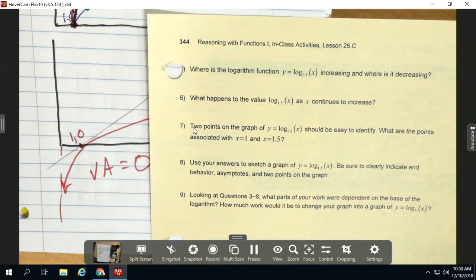So, as you keep going forward along the graph, what keeps happening to the x? It keeps on increasing. So as time gets bigger, the population will get bigger. As the population gets bigger, the time must also be getting bigger, right?